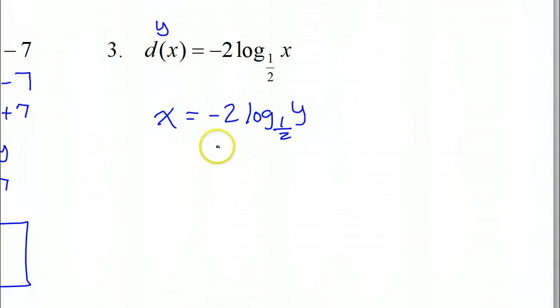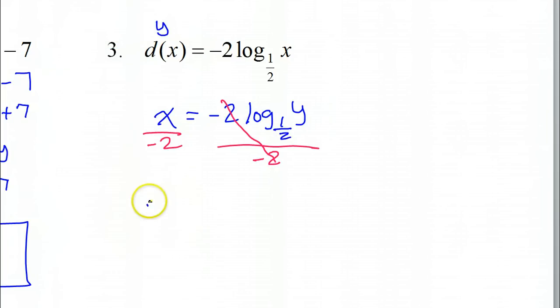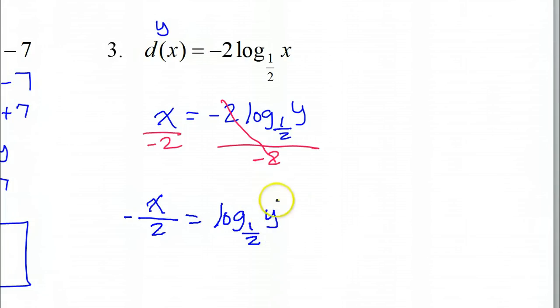So that means we need to divide both sides by negative 2 to get rid of that. So these cancel out. Okay, so that means I have x over negative 2, which is the same thing as negative x over 2, is equal to the log base 1/2 of y.